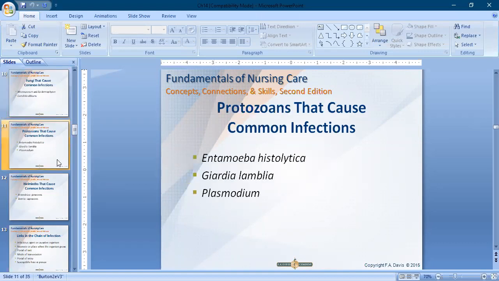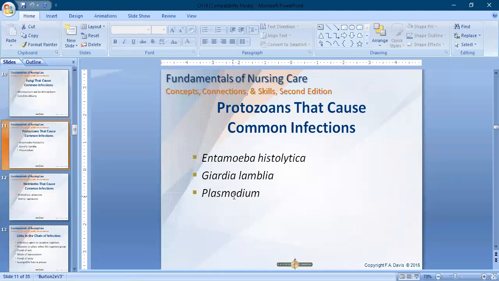So now go here, another group, protozoa. Some of the small organisms can cause very bad diarrhea, GIT problems, like Giardia lamblia, right? Or Plasmodium, most common in some African countries or Asia.